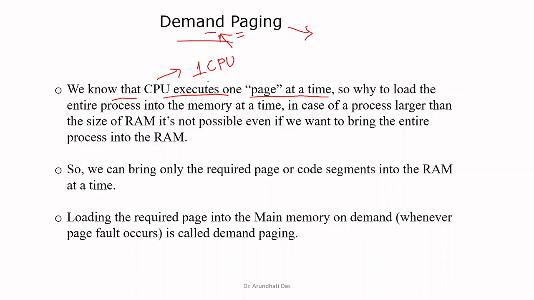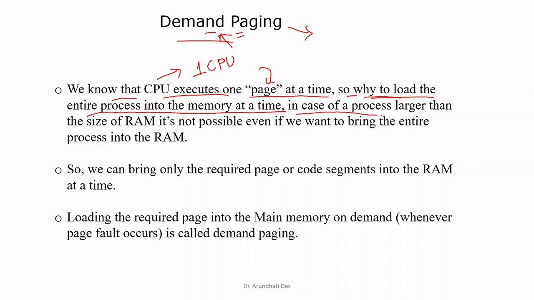There are not multiple cores, and that's why the CPU is able to execute only one page at a time. So why load the entire process into the memory at a time?